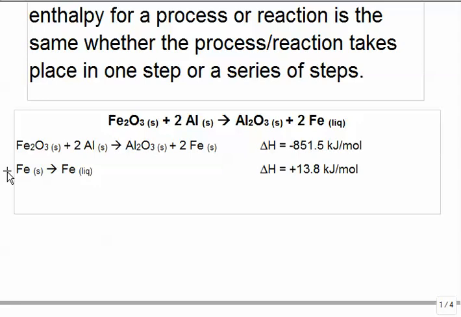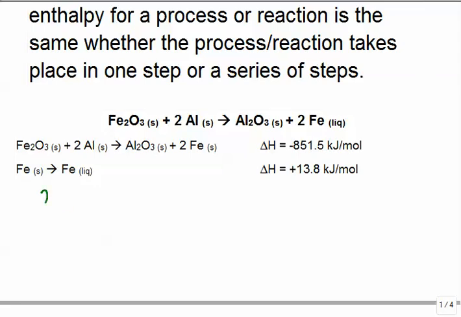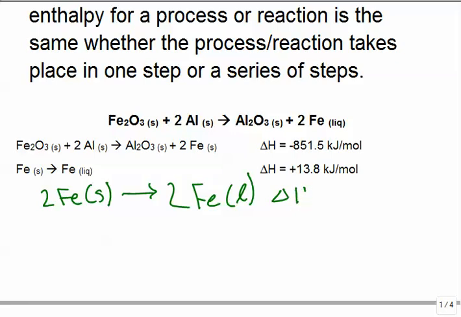So if we had the reaction 2Fe solid going to form 2 moles of liquid iron, the delta H would simply be twice that, or 27.6 kilojoules.